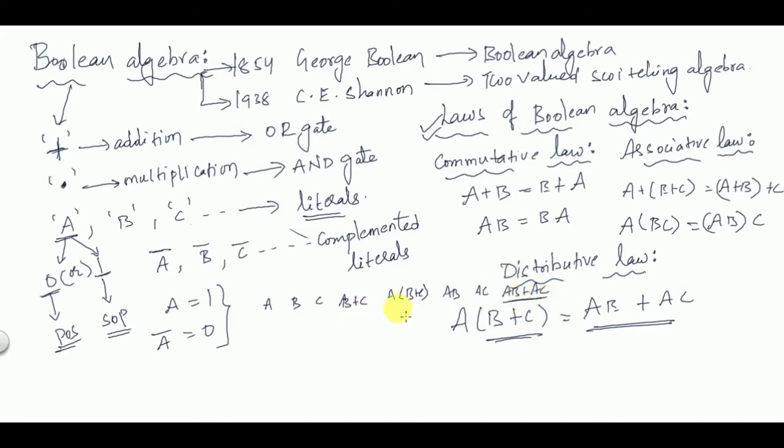This column will be equal to that column if you solve it for all three variables 000, 001, 010 and so on. So b plus c means 0 plus 0 is 0, 0 plus 1 is 1, 1 plus 0 is 1. You write this and multiply with a.